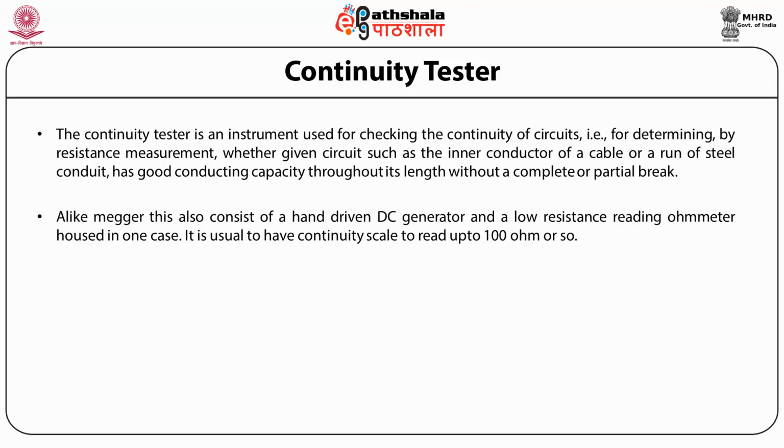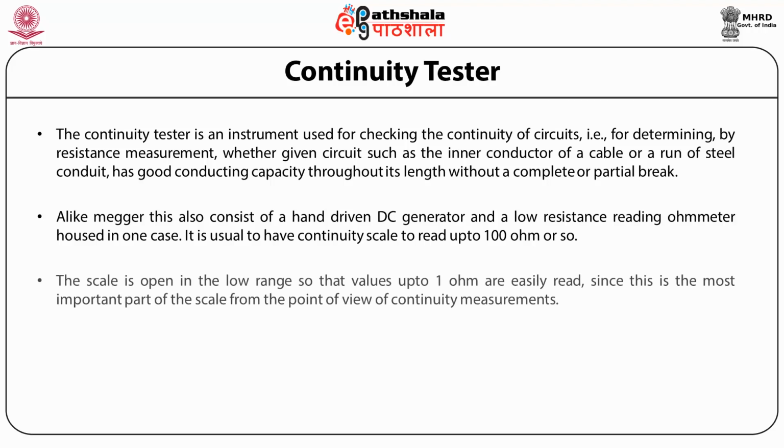It is usual to have the continuity scale read up to 100 ohms or so. The scale is open in the low range so that values up to 1 ohm are easily read, since this is the most important part of the scale from the point of view of continuity measurements.